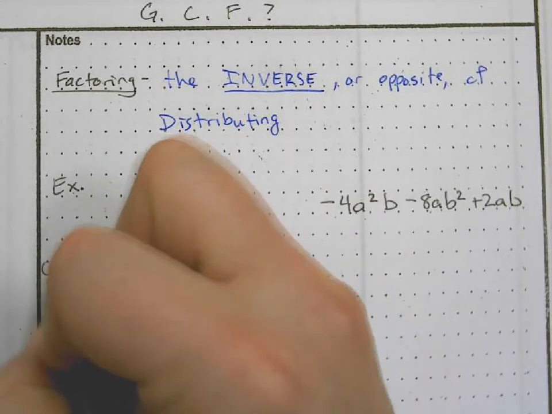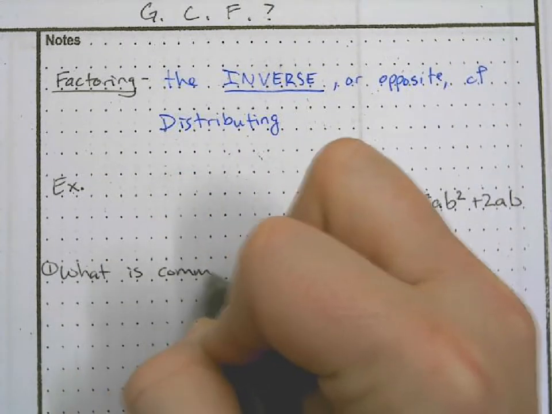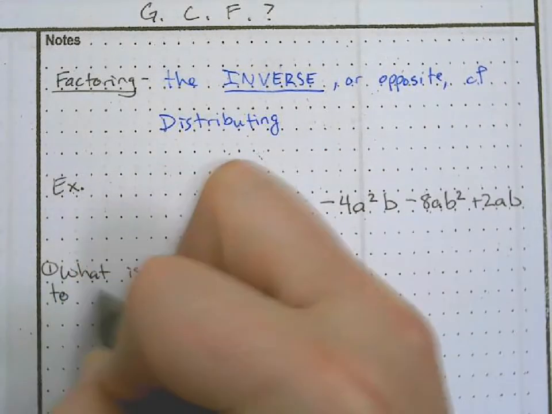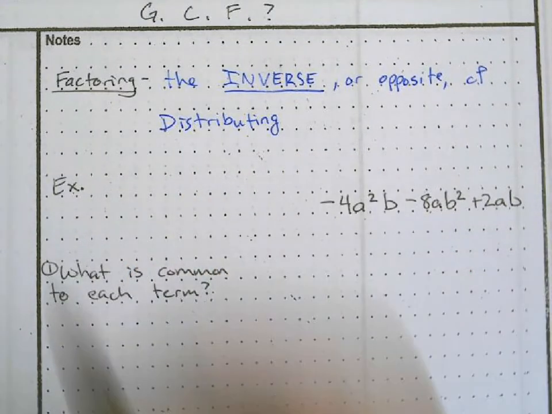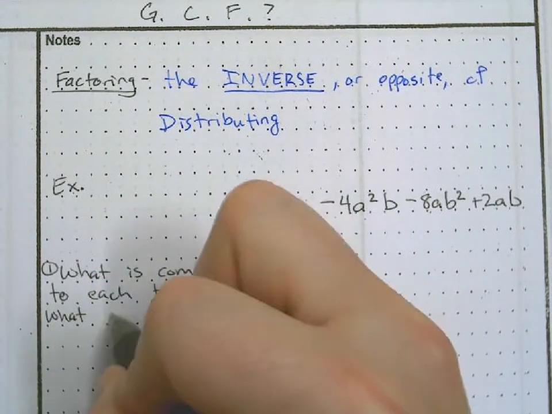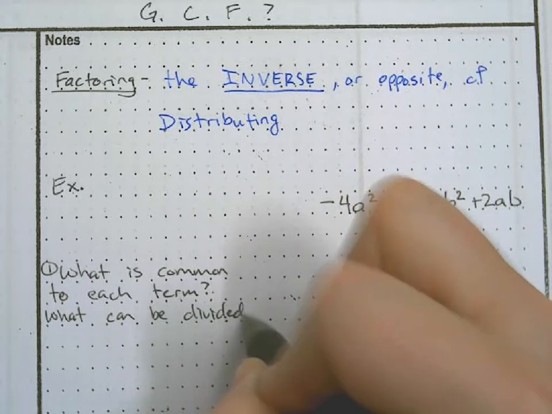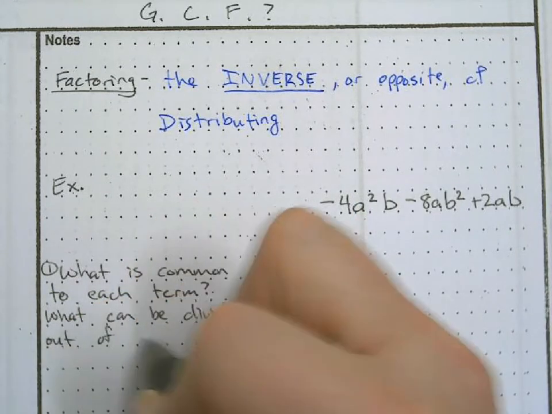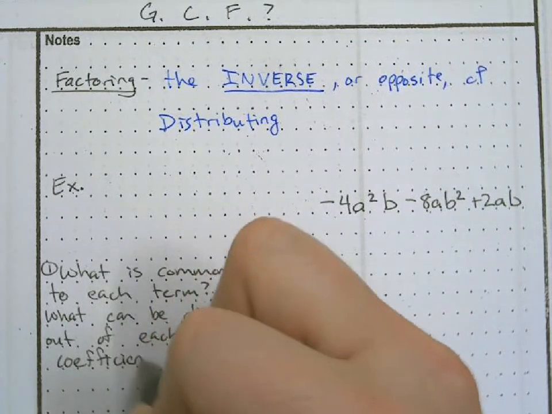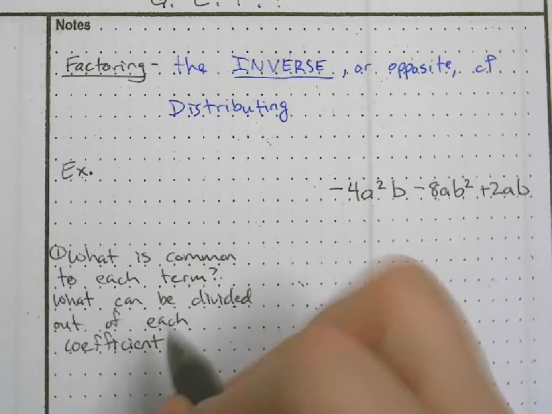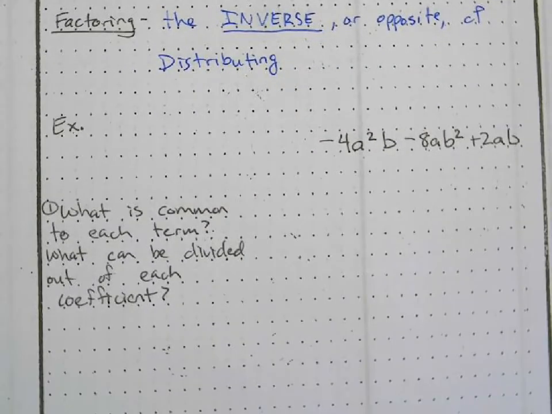So my question that I ask myself is, what is common to each term? What can be divided out of each coefficient? So by answering these two questions, we can factor out.